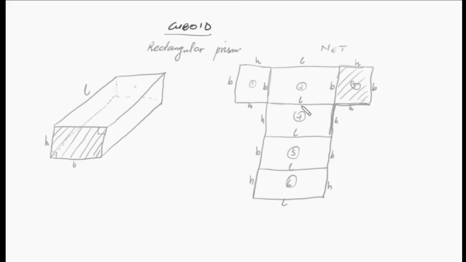So it's good to be able to identify the dimensions on the prism and also be able to identify the same dimensions on the net of that prism. This is the cuboid. This is the net of the cuboid. Let's look at the cube. All right.